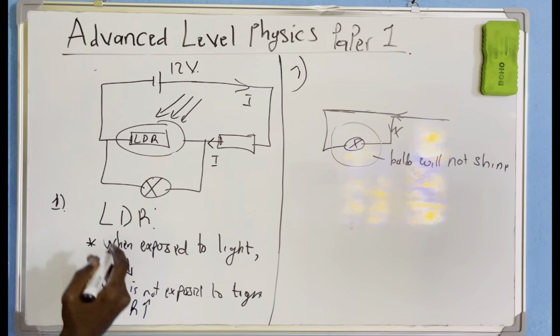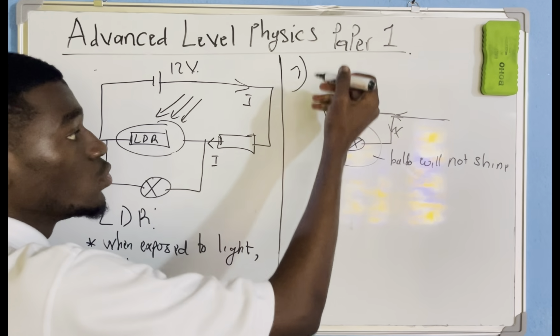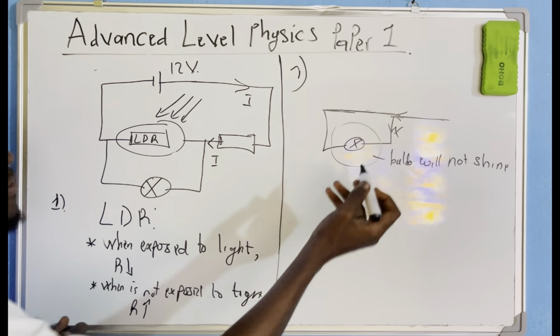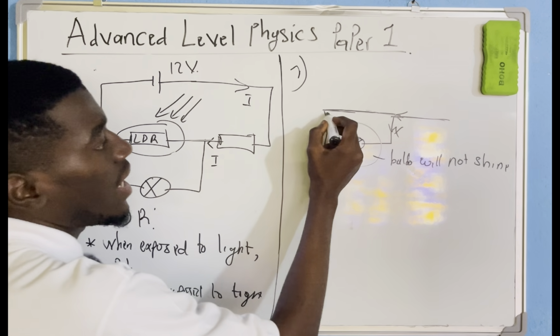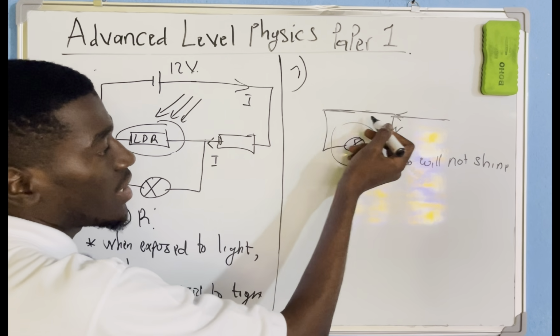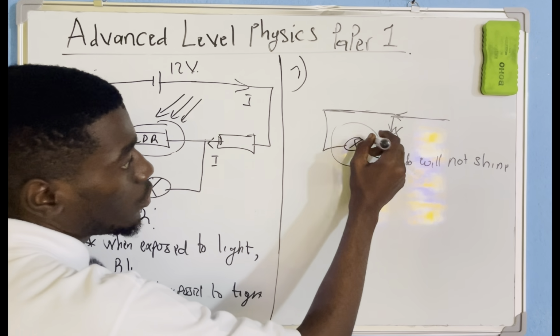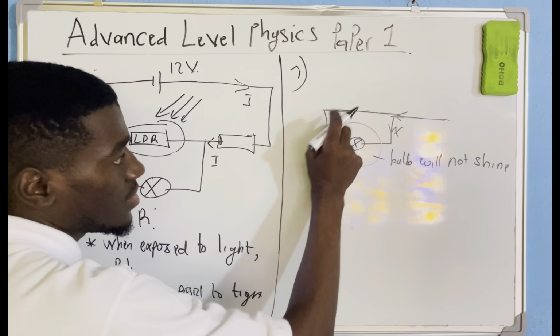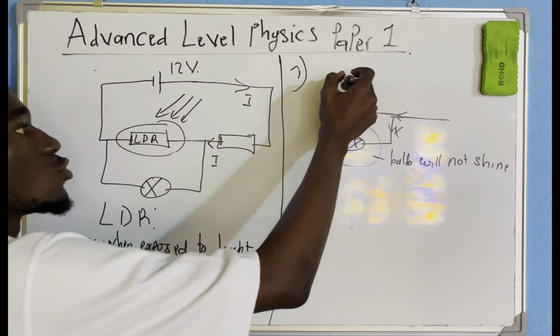When the resistance of the LDR decreases, there is no opposition to the flow of current, therefore current will flow there. I can replace the LDR by a wire. So current will prefer to flow there than where there is a bulb, because the bulb has a high resistance. Therefore, no current will flow through the bulb, short-circuiting it. Therefore, the bulb will not shine, making statement 1 wrong.